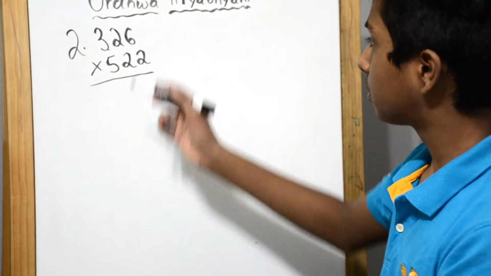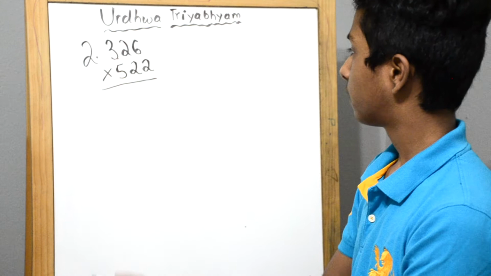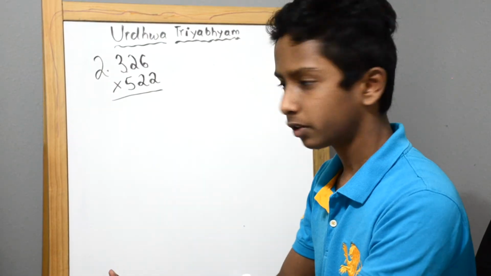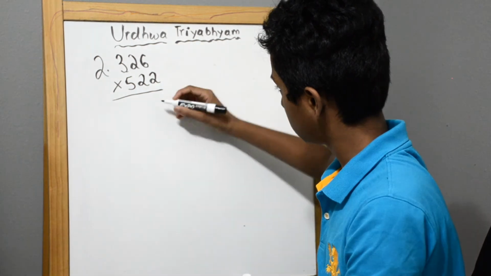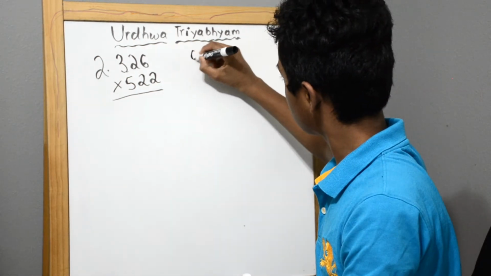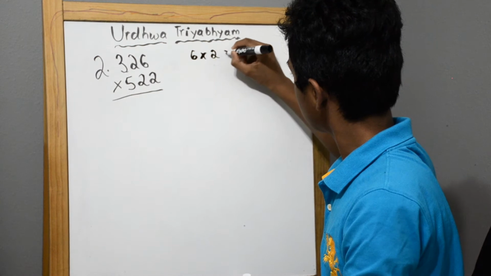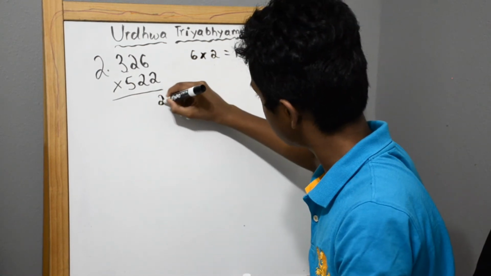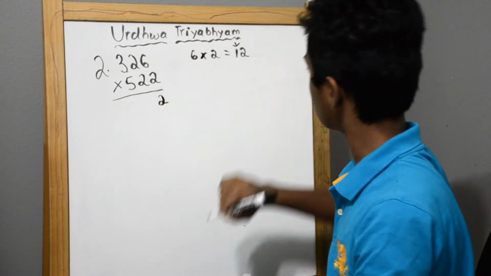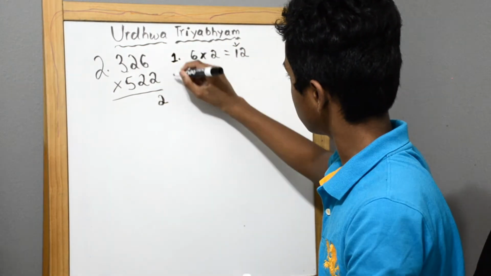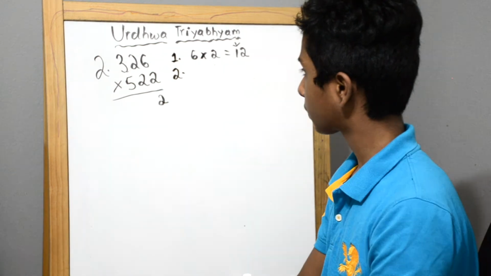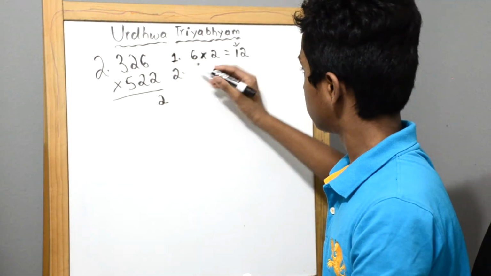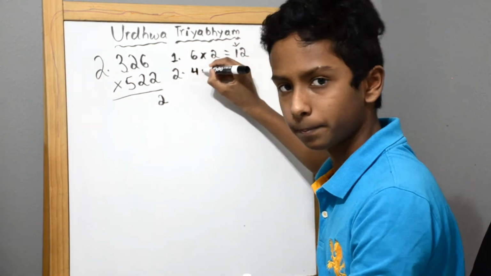The second example is 326 times 522. So for my first step, I multiply vertically. 6 times 2 is 12. So what I do is I keep this 2 and I carry this 1. My second step is to multiply crosswise. 2 times 2 is 4.